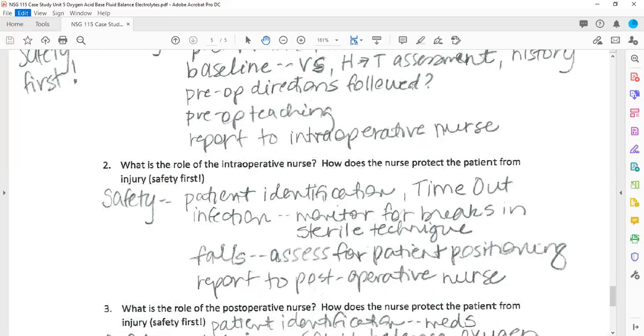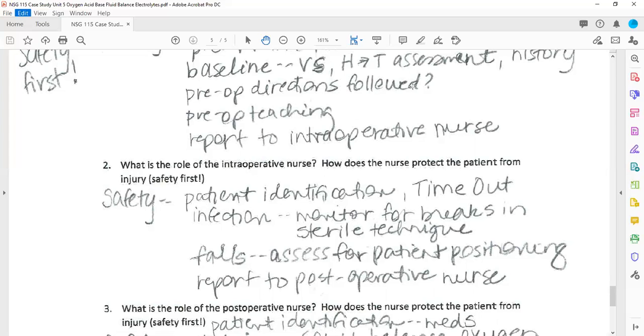Falls. We're going to assess for patient positioning, making sure that we're assessing for skin integrity and also that they are secured to the operating table so there's no falls. And we're going to give report to the operative nurse about things that happened in the operating room: how much IV fluid they took, if they put a catheter in, what kind of surgery they did.